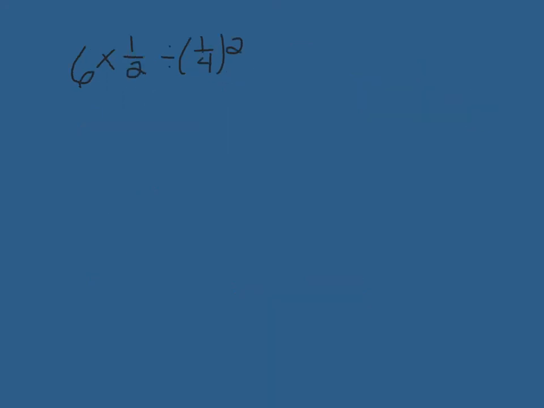I want you to try 6 times 1/2 divided by 1/4 squared on your own, and then come back and check against my work. So here I see I have an exponent, so that's where I need to start. I just need to rewrite my other parts. 6 times 1/2 divided by, over here I have 1/4 times 1/4, which equals 1/16.